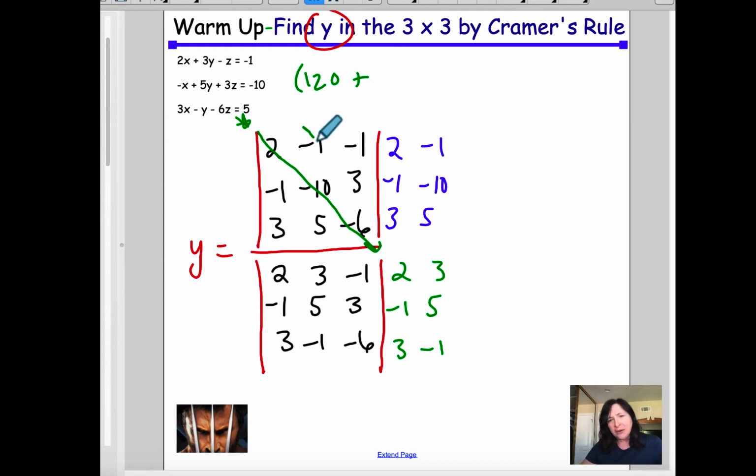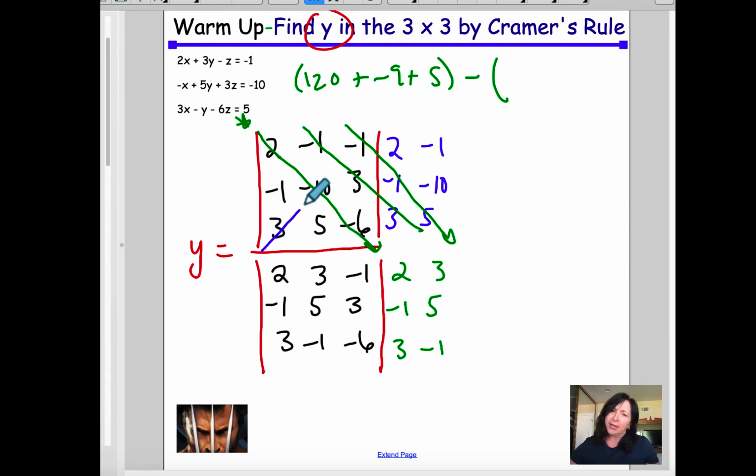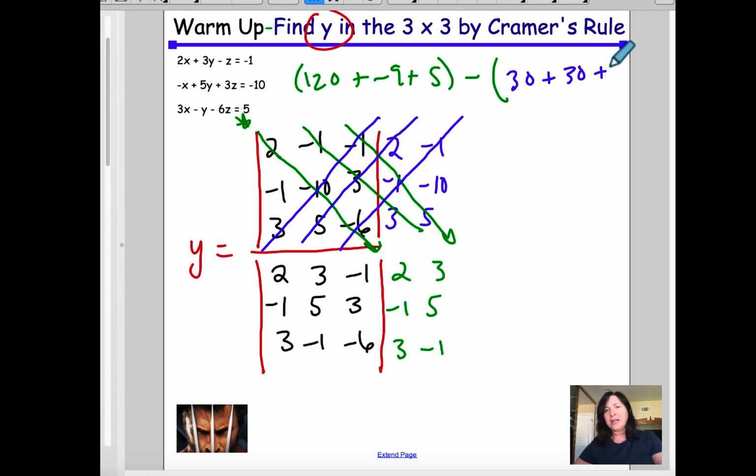Plus negative 1 times 3 times 3, so that's negative 9, plus negative 1 times 5, which is negative 5. We're going to subtract going back the other way. We're going to have 3 times negative 10 times negative 1, so that's 30, plus 5 times 3 times 2, 30 again, plus negative 6 times negative 1 times negative 1. That looks like negative 6.